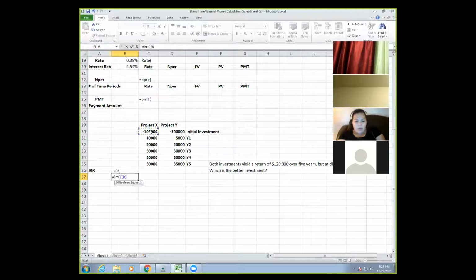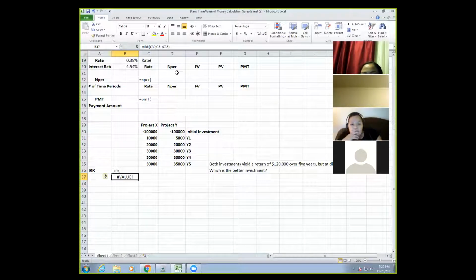So the initial investment is the first value, negative 100,000. And then the other values are the return, what you expect to get back based on that 100,000 investment. So Y1, Y2, Y3 just means year 1, year 2, year 3, etc. I put those in there, and I hit enter, and hopefully it will not tell me.